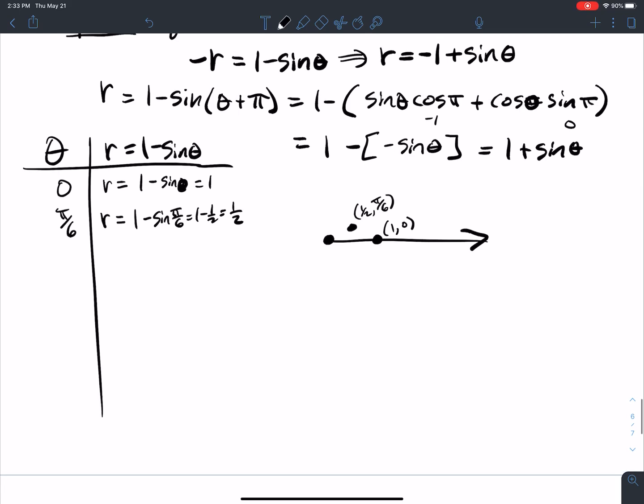And then pi over 4, I get r equals 1 minus sine of pi over 4, which equals 1 minus square root 2 over 2.